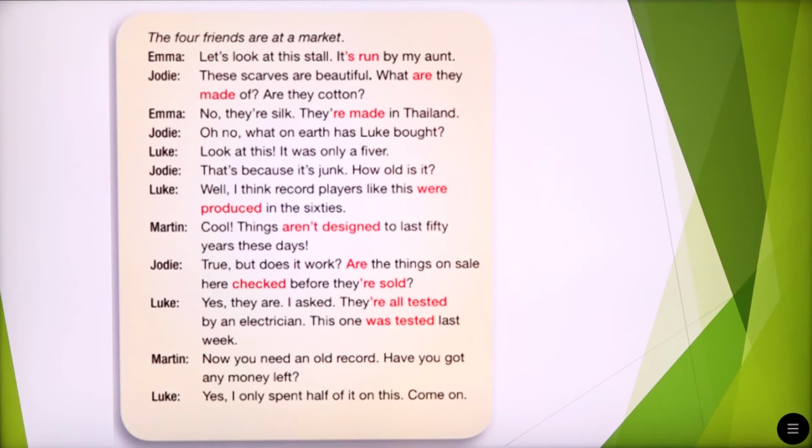Now, you can see here a text, a conversation taken from the book, and you have some words in red. If you analyze these words in red, you'll know that in these cases, there is a passive voice. It's run by my aunt. What are they made of? They're made in... Were produced in the 60s.